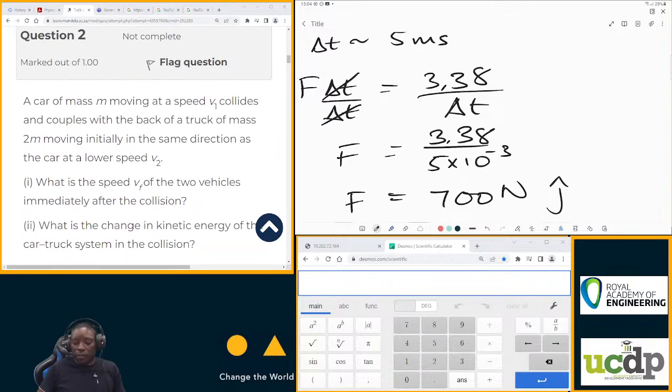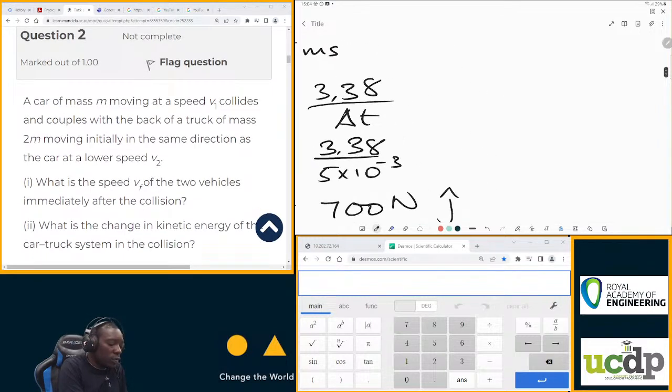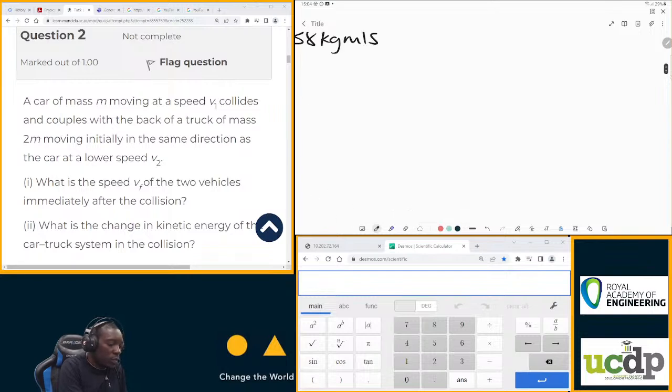Question number 2. With question 2, a car of mass m moving at a speed v1 collides and couples with the back of a truck of mass 2m, moving initially in the same direction as the car, but at a lower speed, v2.